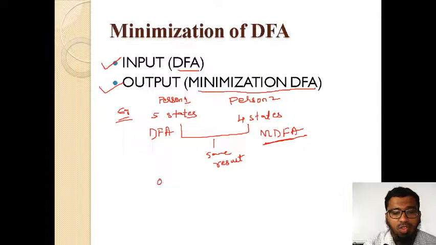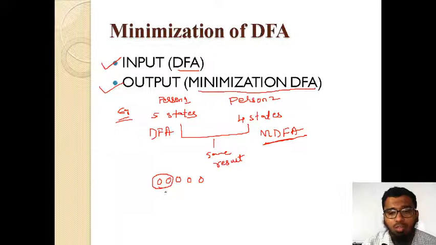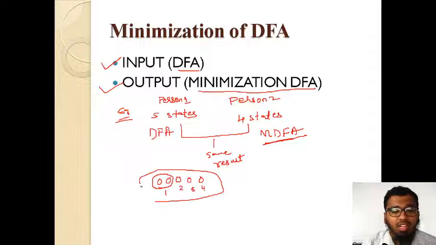Say we have states 1, 2, 3, 4, 5, and you can combine two of them together, so now it's 1, 2, 3, 4. This may be a possibility.